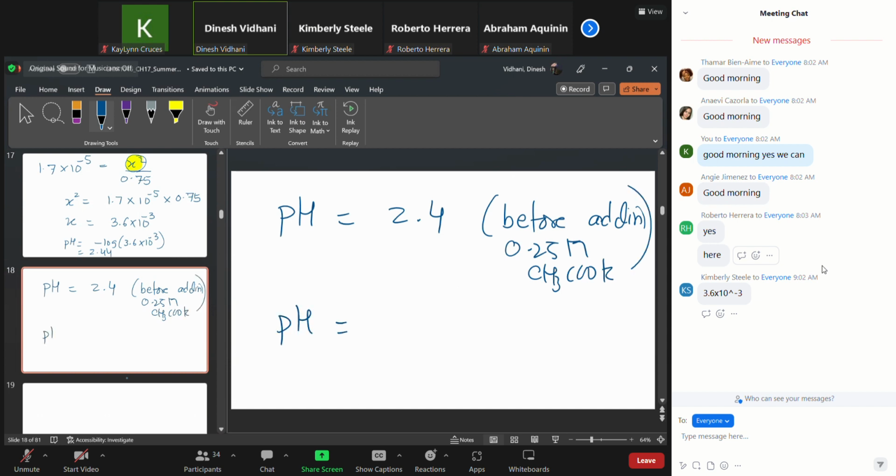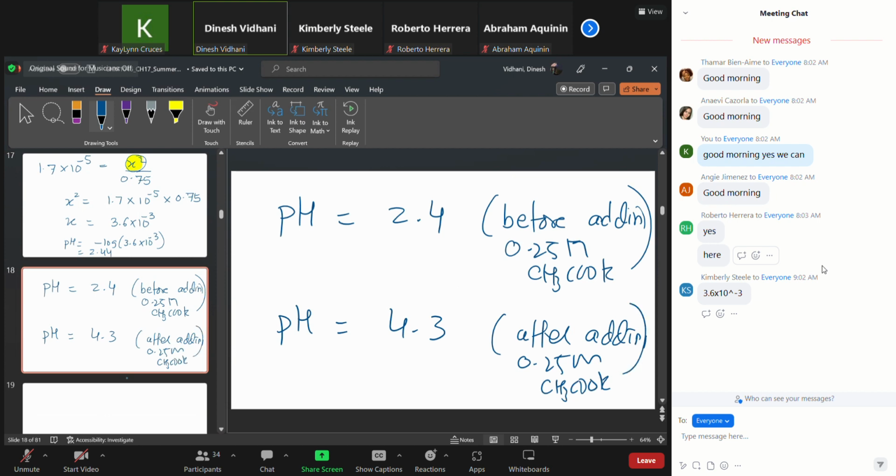This is pH after adding 0.25 molar potassium acetate. You can see just by adding the salt, you are changing the pH. In fact, you are making the solution less acidic.